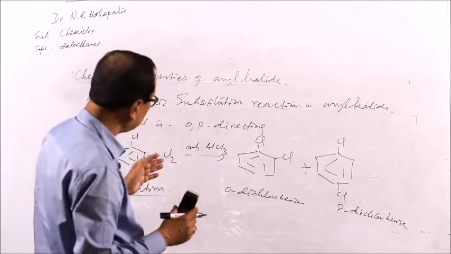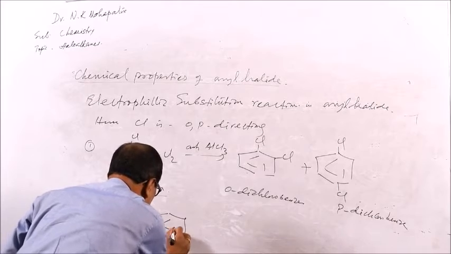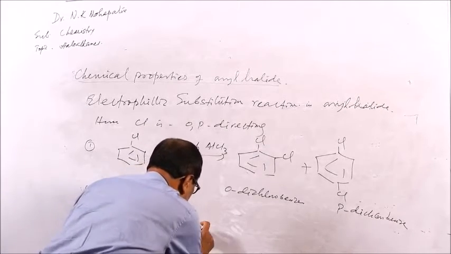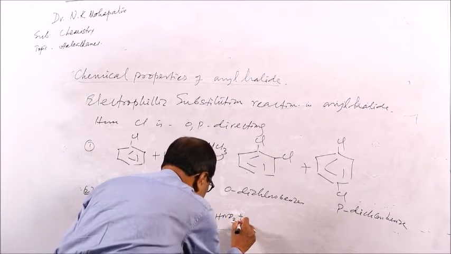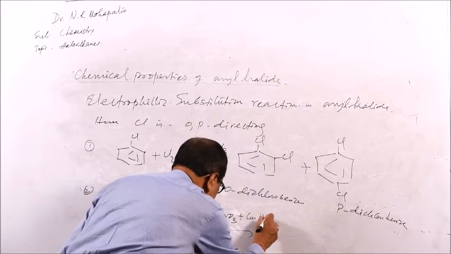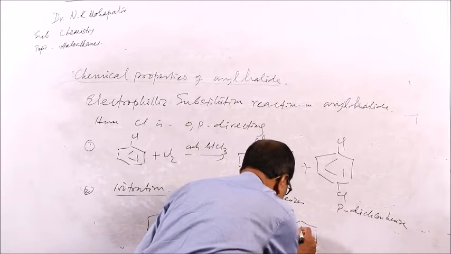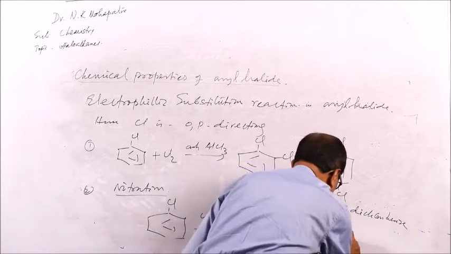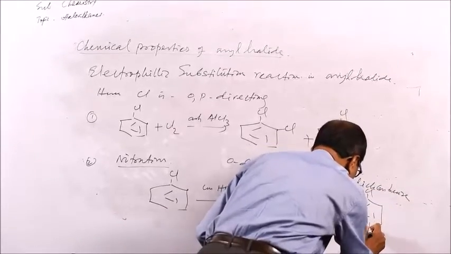Chlorobenzene plus concentrated HNO3 plus concentrated sulfuric acid, the product formed will be similarly chlorine nitro plus chlorine nitro.